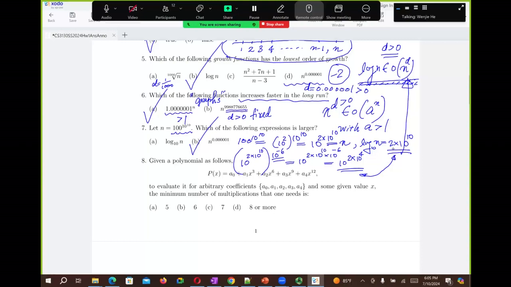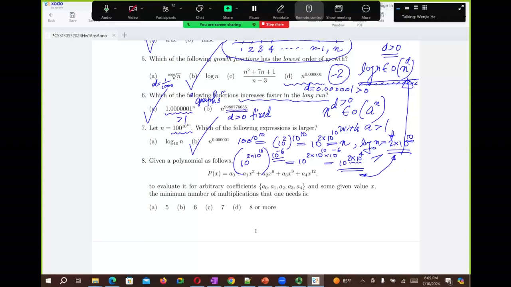The same base, although there is a coefficient 2 here. But if you compare the exponent, one is just 10, the other is 2 times 10 to the 4th. That's 20,000, much larger than the first one.